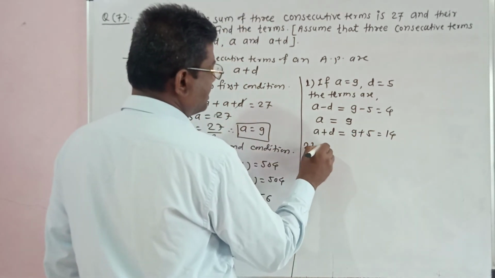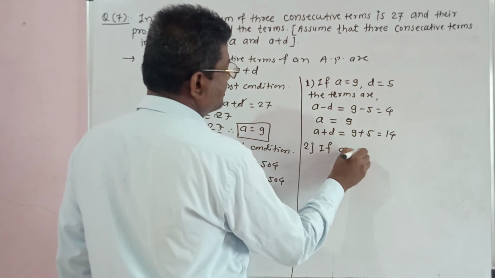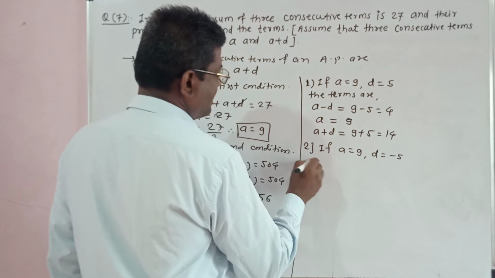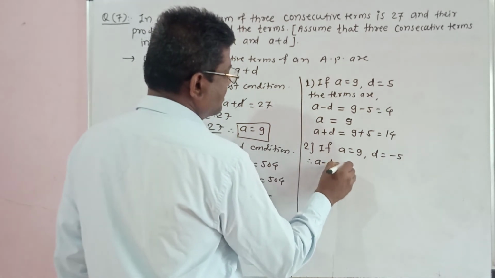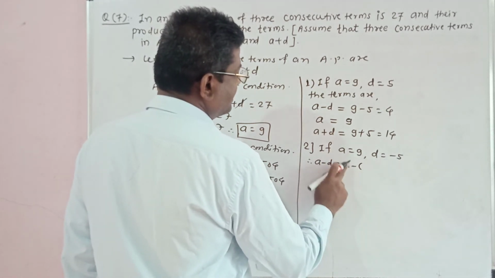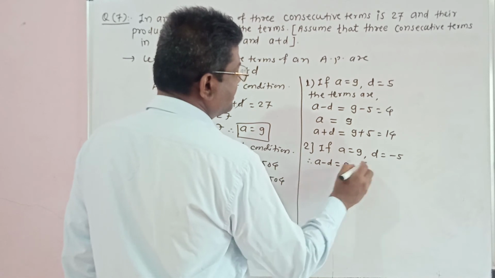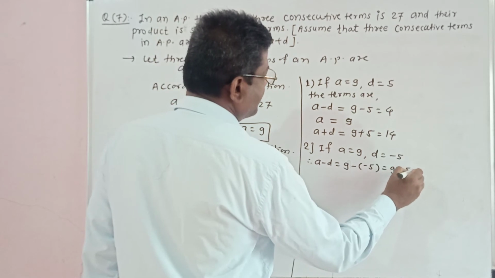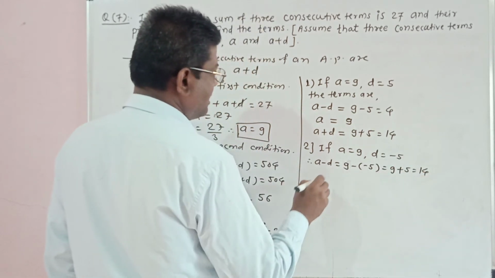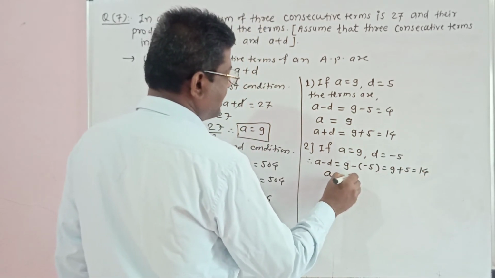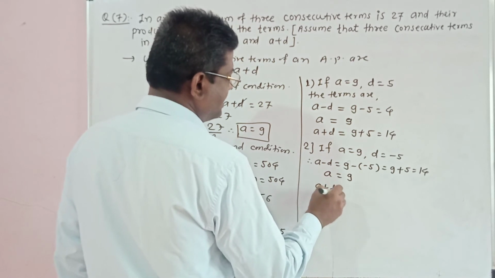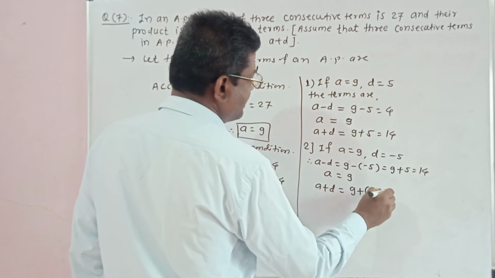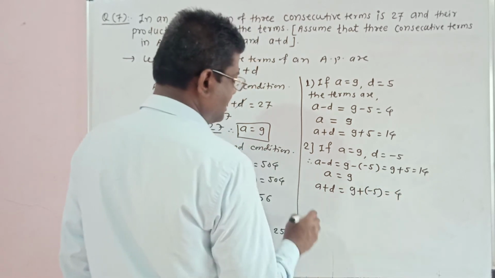Number 2, if A is equal to 9, D is equal to minus 5. Therefore, A minus D is equal to 9 minus (minus 5) is equal to 9 plus 5 is equal to 14. Now A is equal to 9 and A plus D is equal to 9 plus minus 5 is equal to 4.